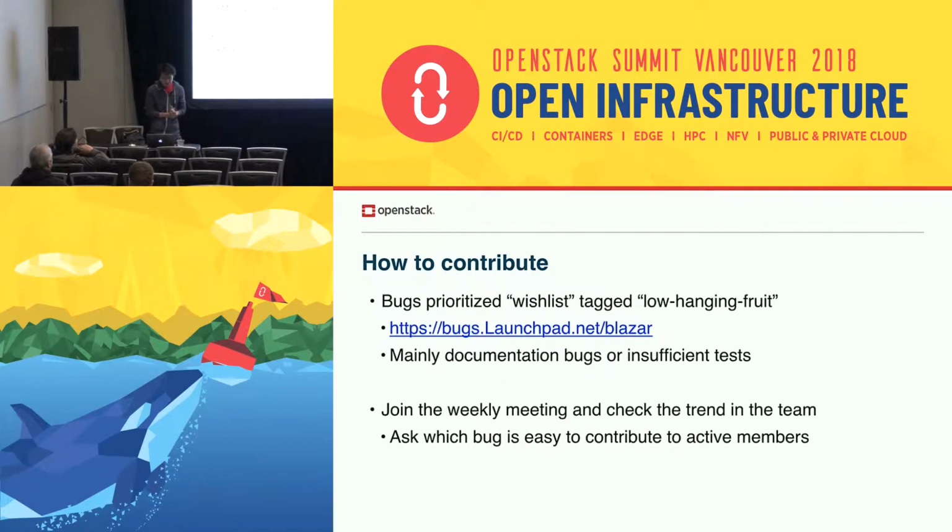And if you have any interest or want to contribute to the Blazar project, the first good contact is to pick from the wish list the bugs tagged low-hanging fruit. I created some tags and added them, prioritizing the easy bugs in the Blazar project.